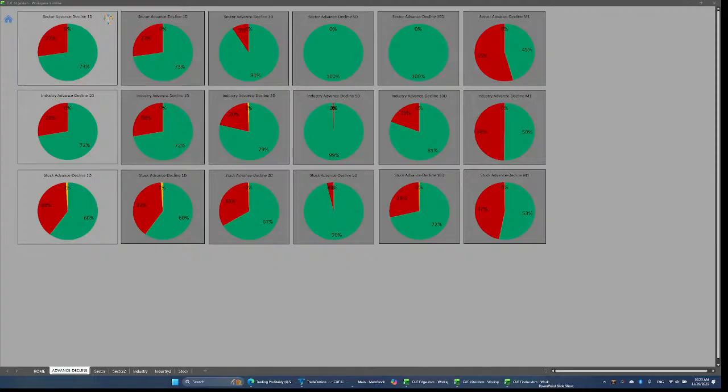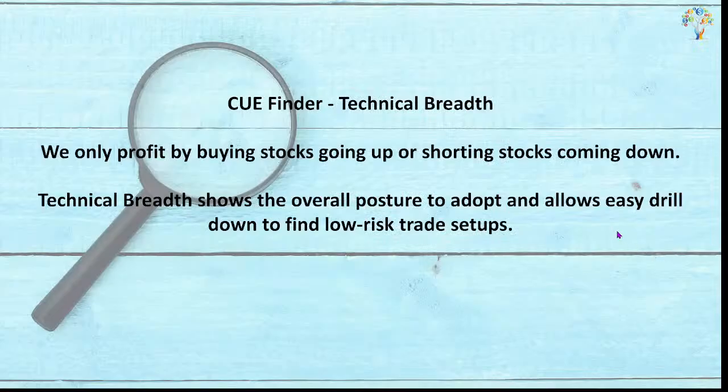Continue with what? Continue with the last aspect of market level analysis that I do, Q Finder technical breadth. Here I'll show more reasons why I'm reluctant to buy. We only profit by buying stocks going up or shorting stocks coming down in directional trades. And Q Finder helps in that.